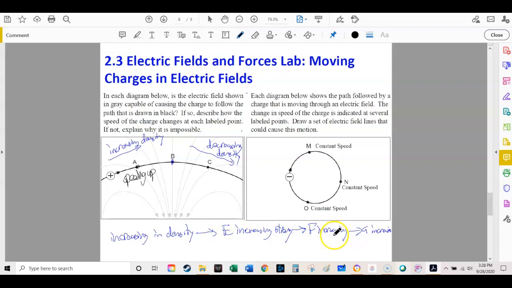The force on this particle is then got to be increasing, so that its acceleration must be increasing. The opposite is true over here. That means if it's decreasing in density, that means the electric field is decreasing in strength. That means the force on it is going to be decreasing. Okay, and then that means that acceleration vector is decreasing as well. And so I imagine this should be slowing down.